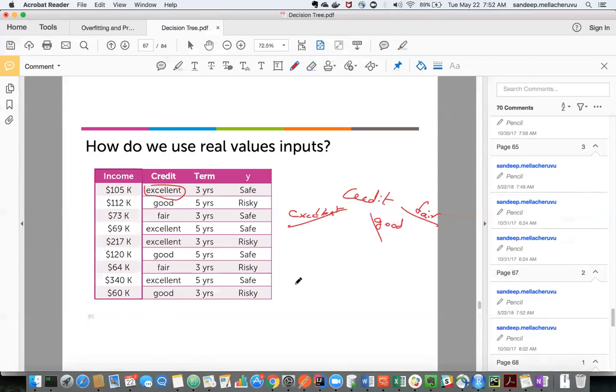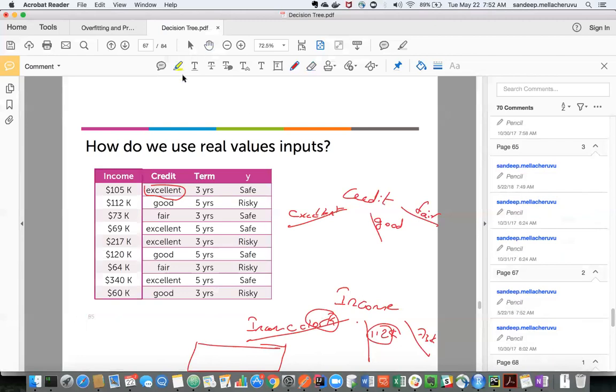Similarly, if I do a split on a continuous variable like income, income equal to 105K, income equal to 112K, income equal to 73K, how many times do you think a new person who is really applying for a new loan will have 105K as his income? It is very rare, right?